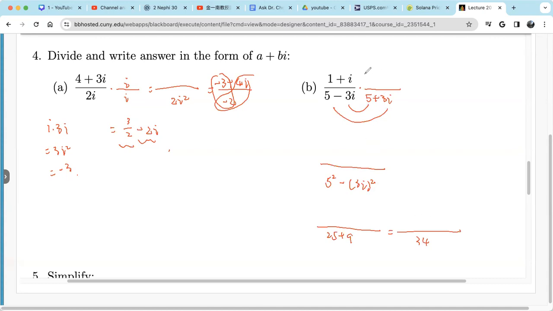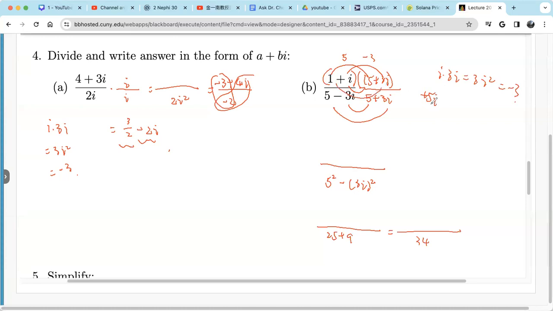Now let's go back to the numerator. So I have 5 plus 3i. If we want, we can put parentheses around. We do 1 times 5, which is 5. i times 3i, minus 3, right? i times 3i is 3i squared. That's -3. Then the middle term: we multiply these two, get 5i.